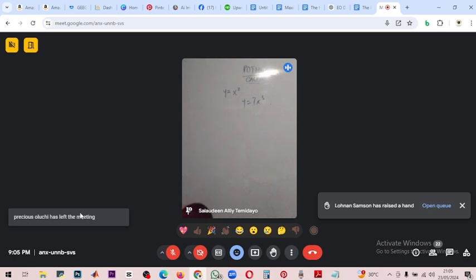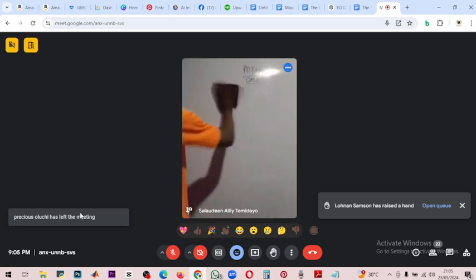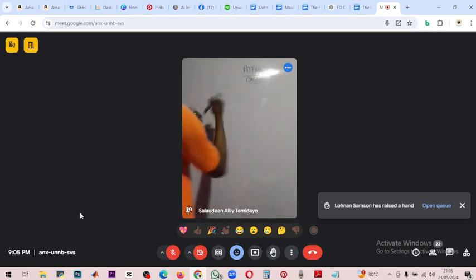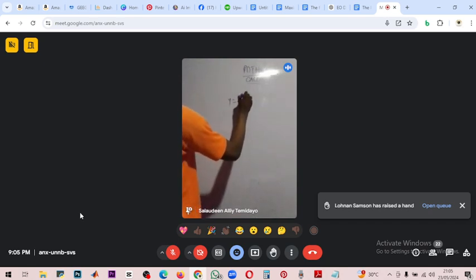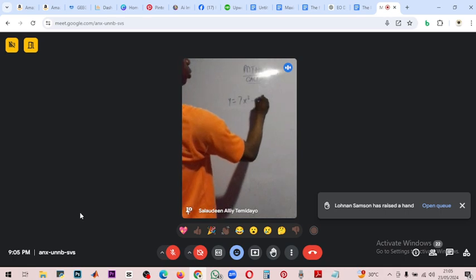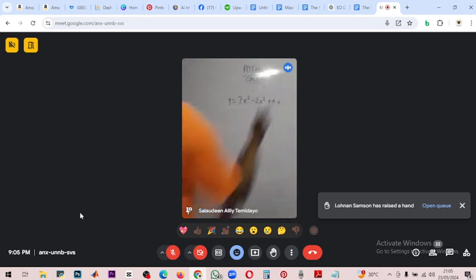Now let me show you one of them over here. Okay. So when y equals 7x cubed minus 2x squared plus 4x, is there anyone that can tell me the dy dx straight away?